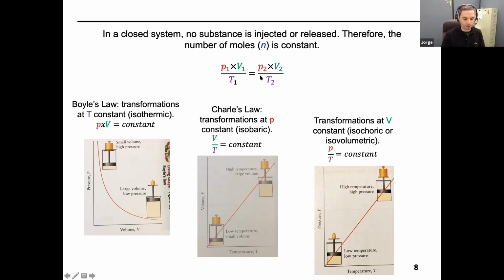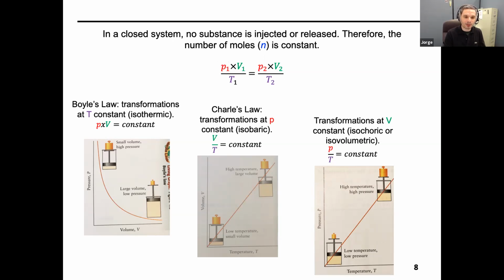The reason for that is to avoid negative temperatures. For pressure and volume, the only thing you must pay attention to is that the units at the beginning must be equal to the units at the end.